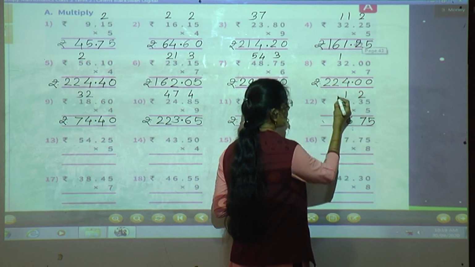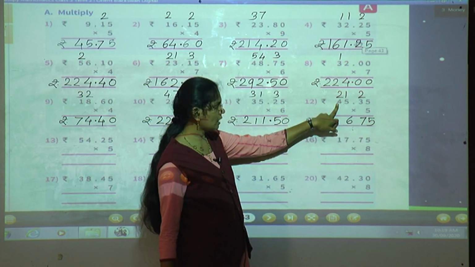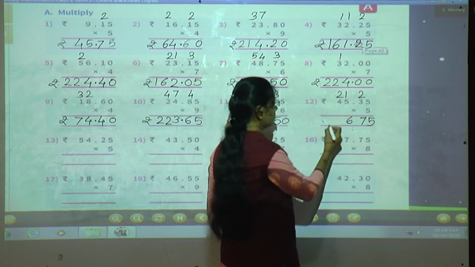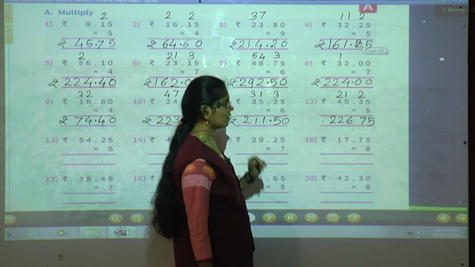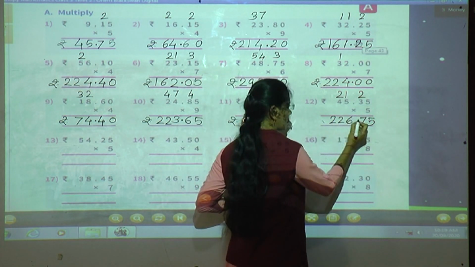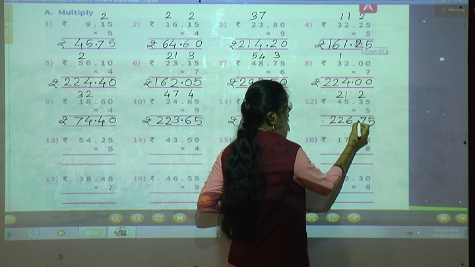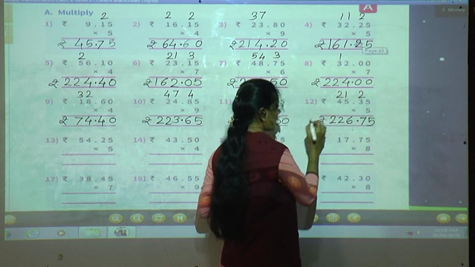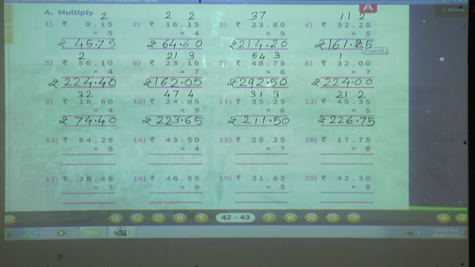So here we'll write 6 and 2 as a carry. Then 5 4s are 20 plus 2, 22. So write here 22. Now give a dot from the right side before the second digit. 7 is the second digit, so before 7 we have to give the dot. So what is the answer? Rupees 26.75.